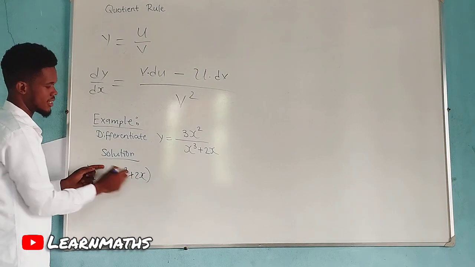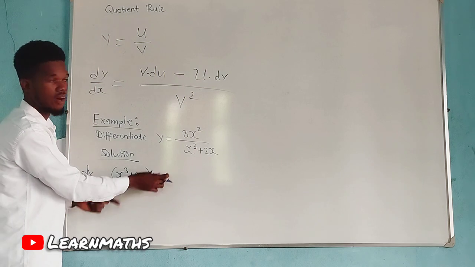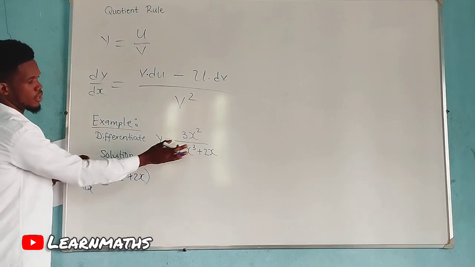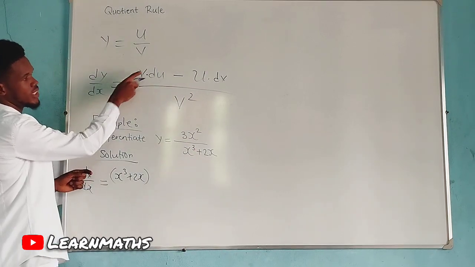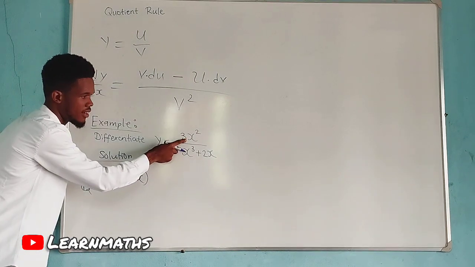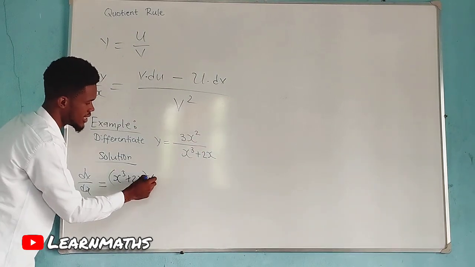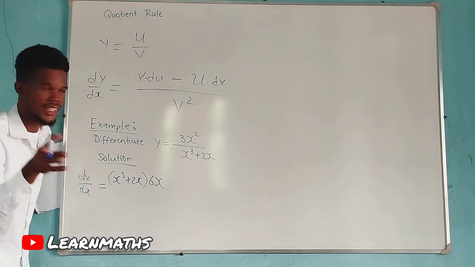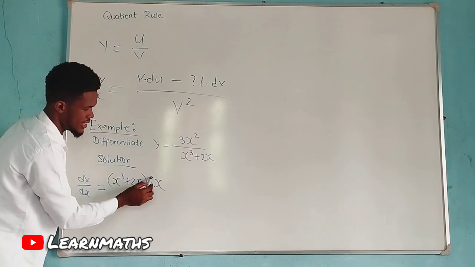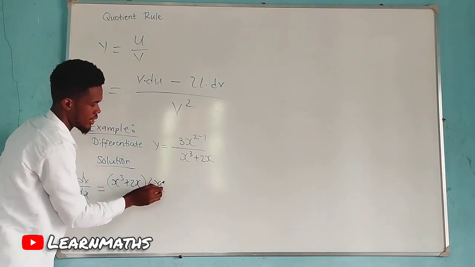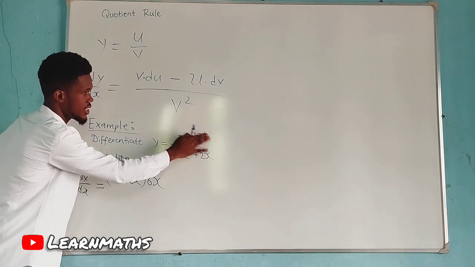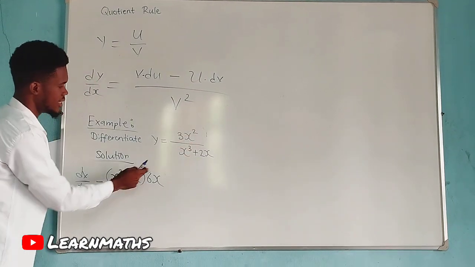Let's multiply this with the differential of u. So what's the differential of u? The differential of 3x squared is going to be 6x: 2 times 3 is 6, then 2 minus 1 is 1. So the differential of 3x squared is 6x.